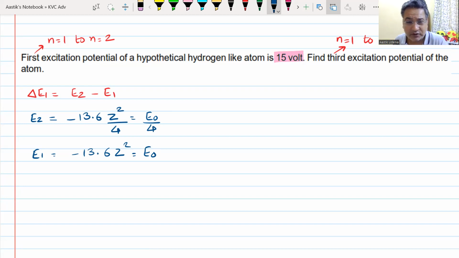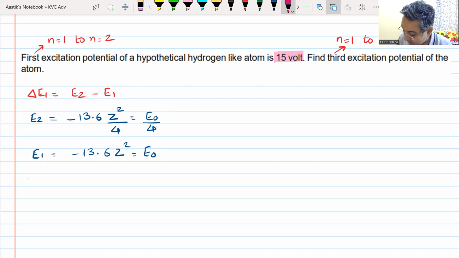You'll have to remember all these formulas and that will make your life easy. If the ground level is E0, we always call the ground level as E0. The first excited state will become E0 by 4, the second excited state will become E0 by 9, the third excited state will become E0 by 16.